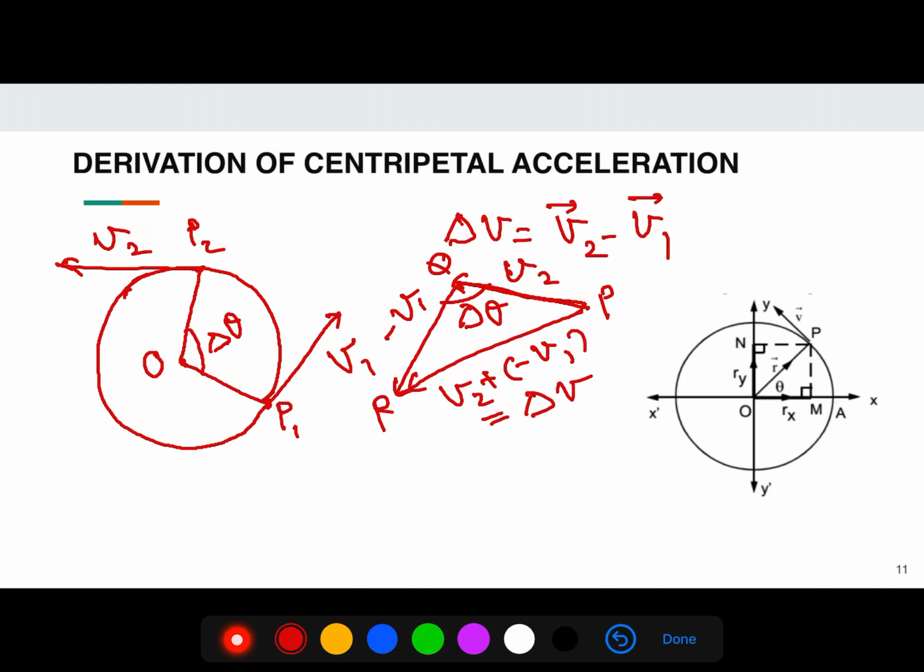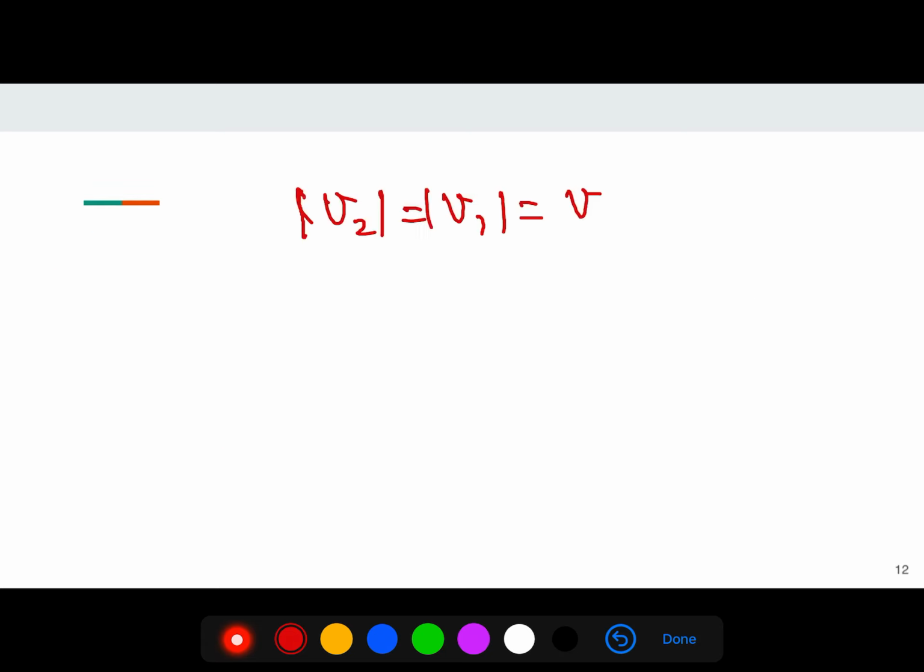Triangle P1 O P2 and PQR are similar, and if the linear displacement is delta S and it is very small, then P1 P2 can also be taken equal to delta S. So PQR and P1 O P2 are similar.